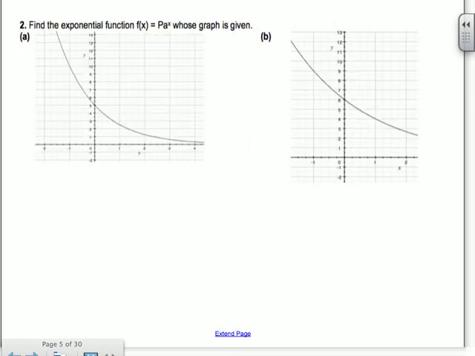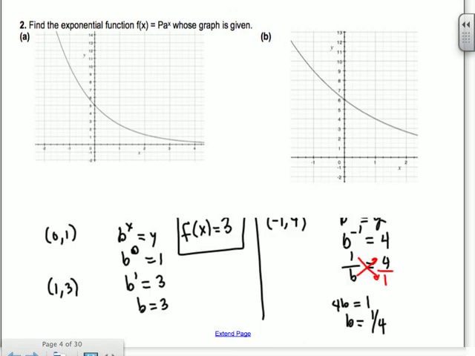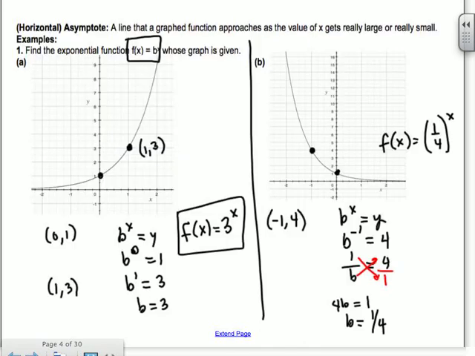Yes, Mary. How do you know that you use that point? You could use any point, it doesn't matter. Usually if you can find where x equals 1 or x equals negative 1, if there's a point that lines up there, those are the best. But you could have used negative 2. See how it crosses at 16? So if I did negative 2, you would get b to the negative 2 equals 16.